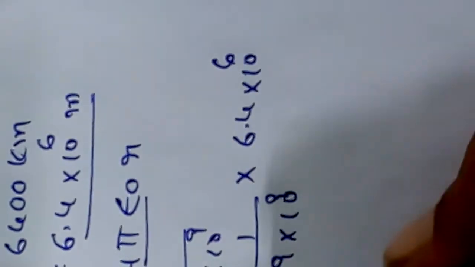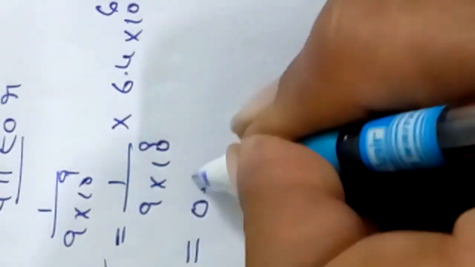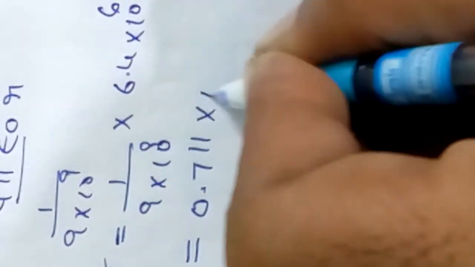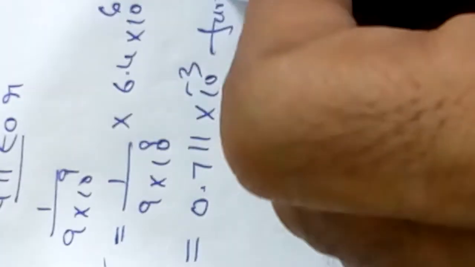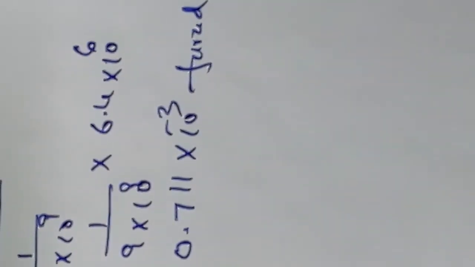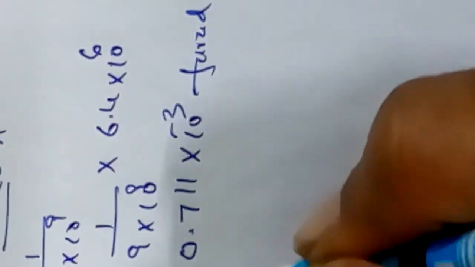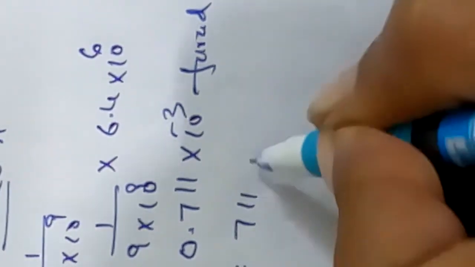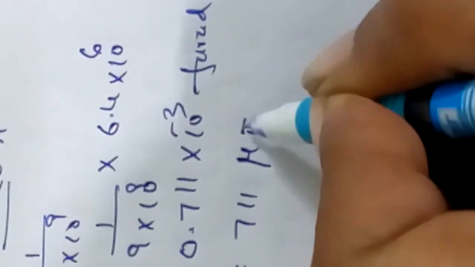Having computed, I got it as somewhat 0.711 into 10 power minus 3 farad. Now, if I want to convert, it comes to around 711 microfarad.